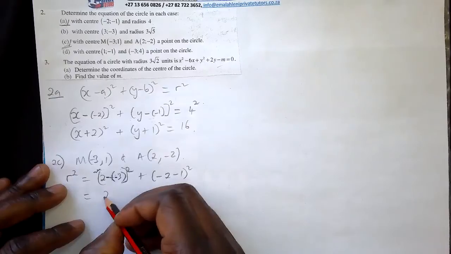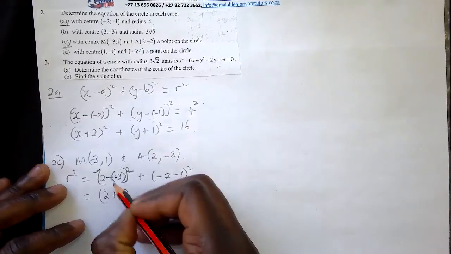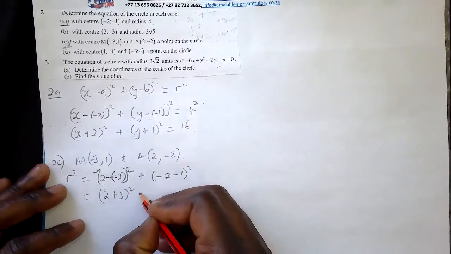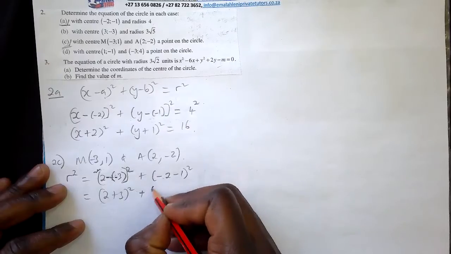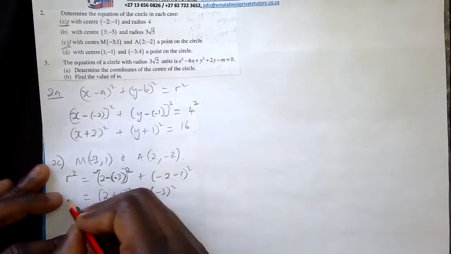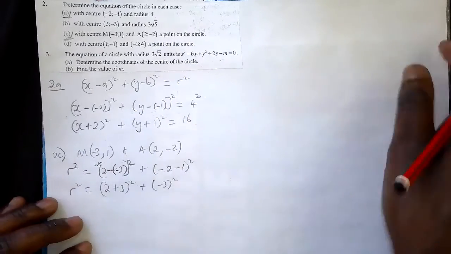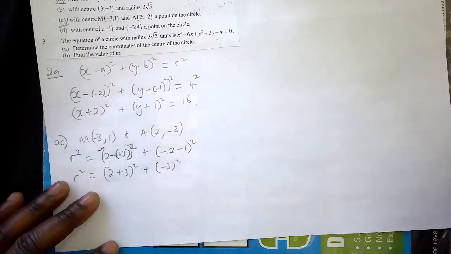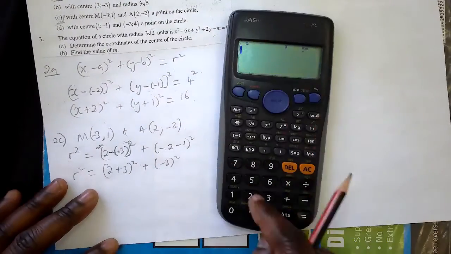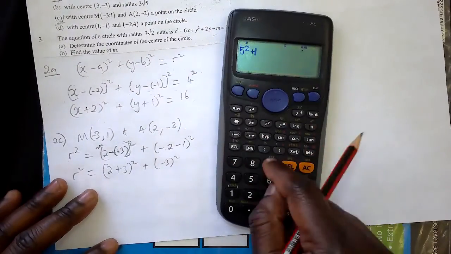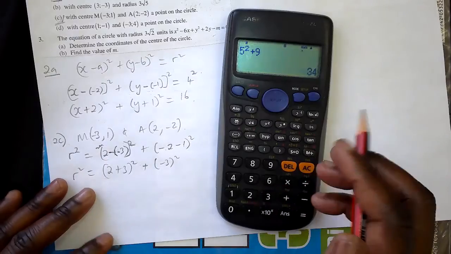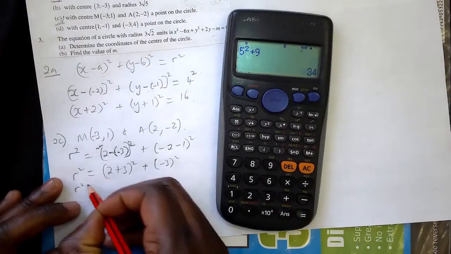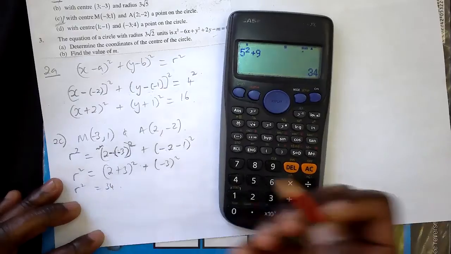Then here is 2 plus 3, negative and negative, squared, plus -2 minus 1 is going to be -3 squared. That's our r squared there. Then what do we get? There is going to be 5 squared plus 9. 5 squared plus 9, we get 34. Okay, so r squared is equal to 34.